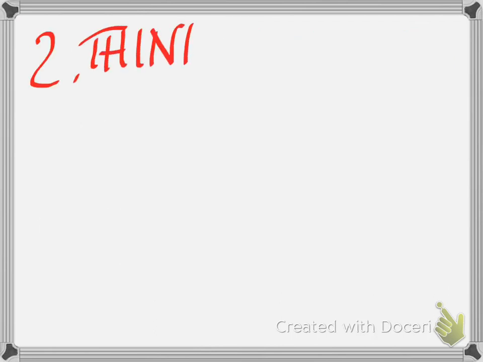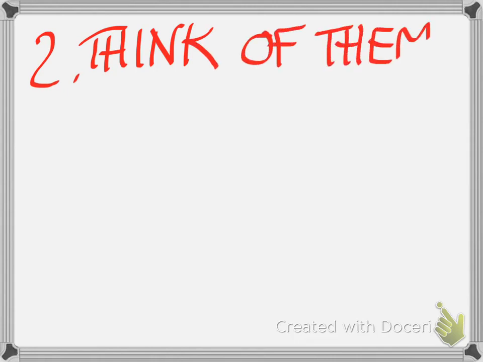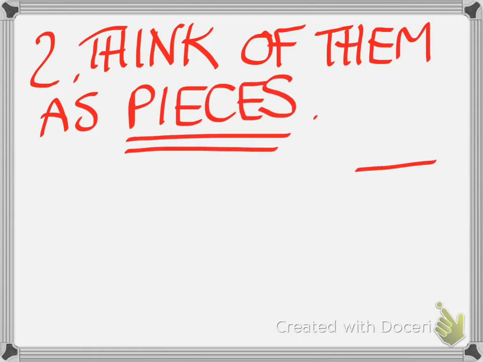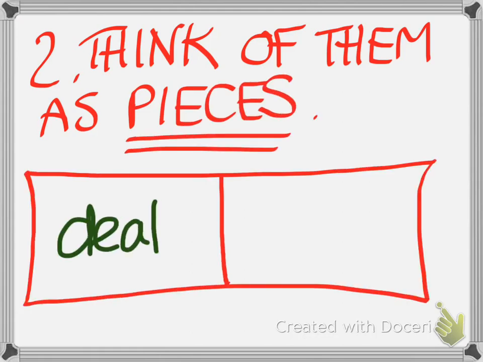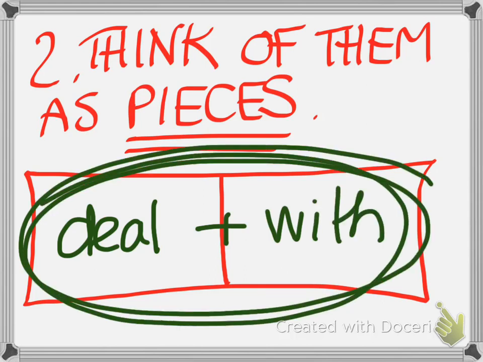The second thing to remember is that you have to think of the phrasal verb as a unit of meaning. In the same way that Angelina Jolie is a unit of meaning, or Coca-Cola is a unit of meaning, it's the same thing with phrasal verbs. You don't think of the individual parts, you think of them as a unit together. The piece is made up of all the different parts.